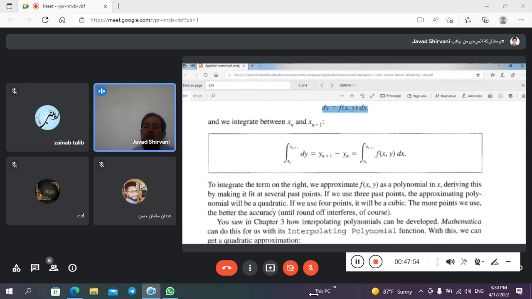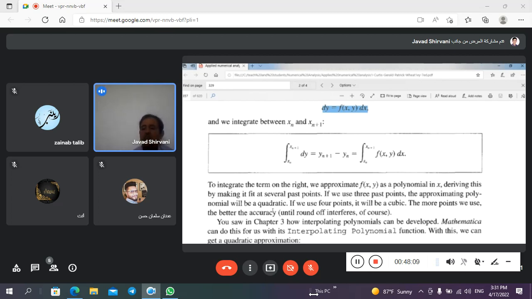To integrate the term on the right, we approximate f(x,y) as a polynomial in x, derived by making it fit at several past points.